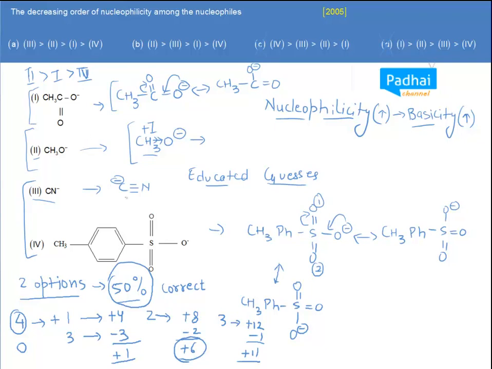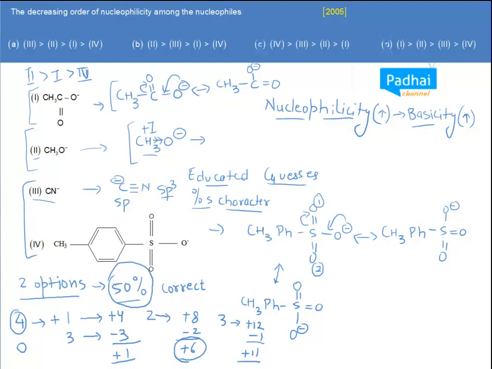But the thing is that the carbon over here is sp hybridized. Generally we have sp3 hybridized carbon atoms. Now there is another concept which says the more the percentage of s character, the more electronegative the atom will be.